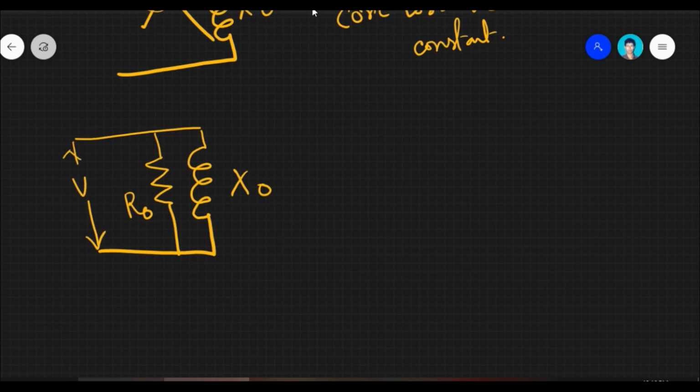Now, if this no load current was I naught, then, as we have two parallel branches, we can say I mu is the magnetizing current and I H plus E is the current that is flowing through R naught.